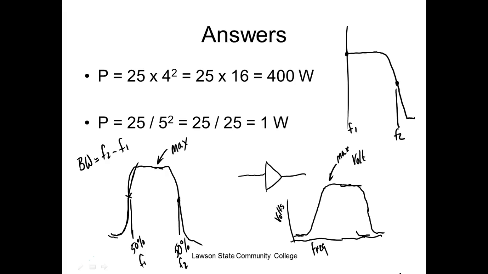I'm measuring a voltage level. I've got my scope hooked up there and I'm trying to measure the bandwidth, so I'm looking at voltage, not power, but bandwidth is when the power drops below 50% of maximum power. So how would we do that?